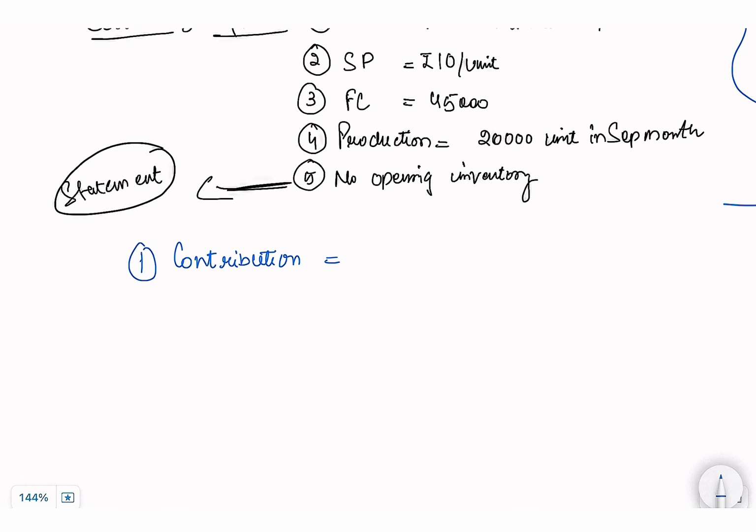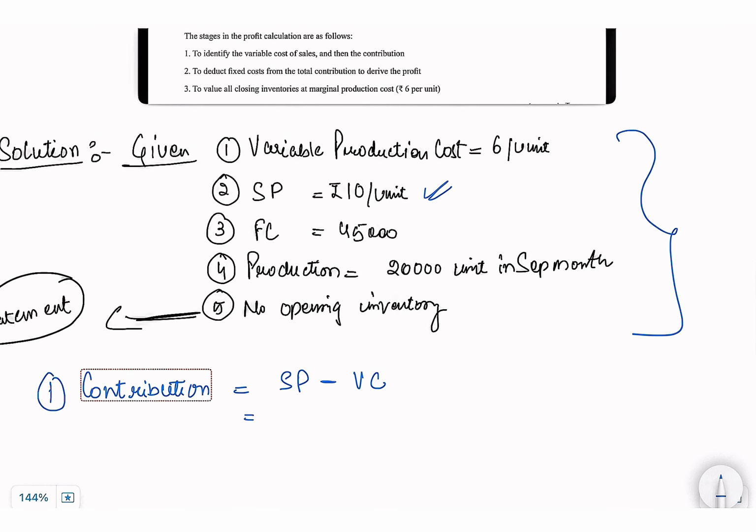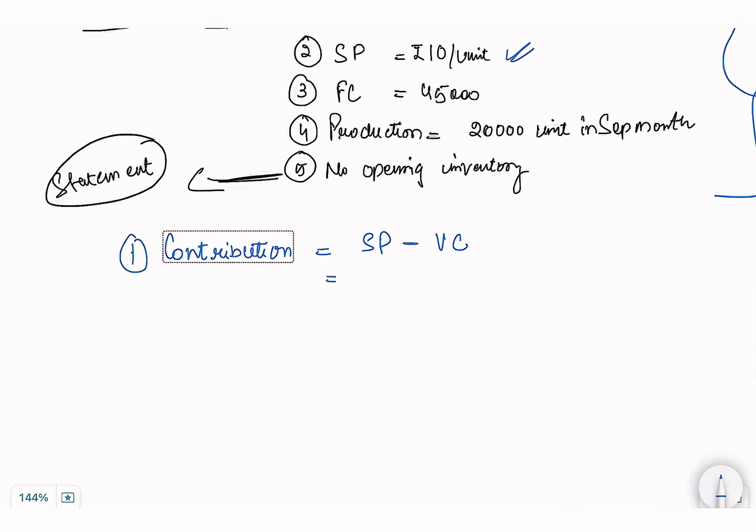What is the formula of the contribution? Selling price minus variable cost. What is the selling price per unit? It is 10 per unit. 10 per unit minus 6 is equal to 4 per unit.